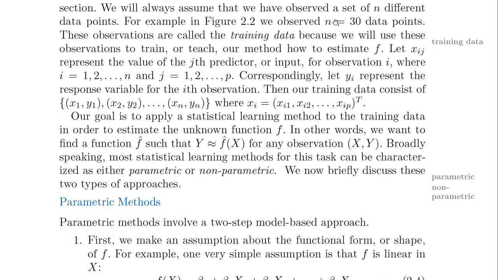So earlier we had n equals 30 data points. It was the employees, right? The workers. These observations are called the training data because we will use these observations to train or teach our method how to estimate F.